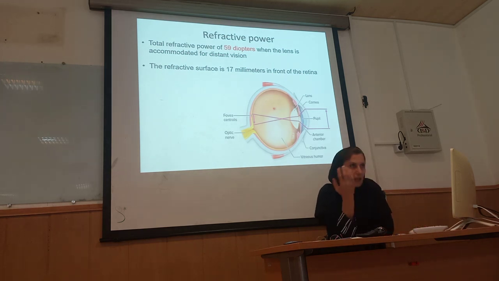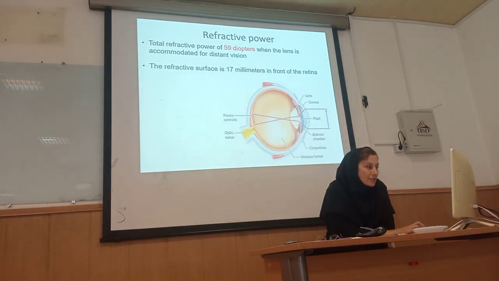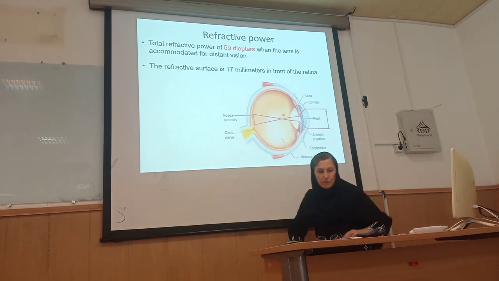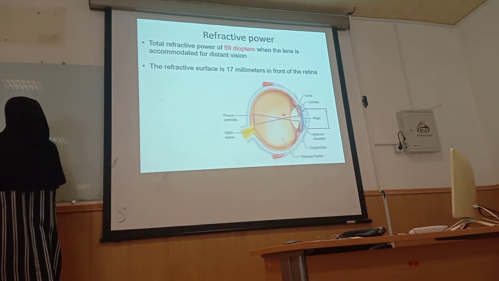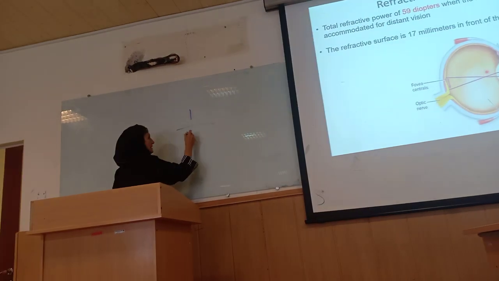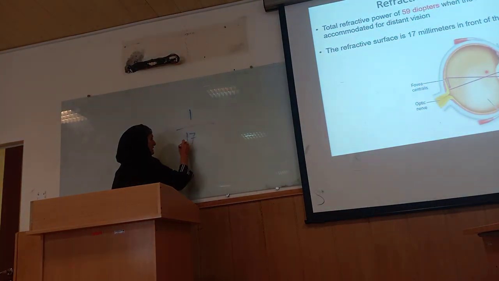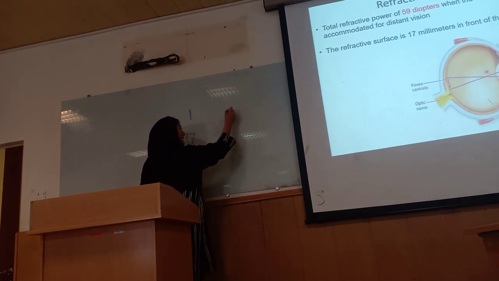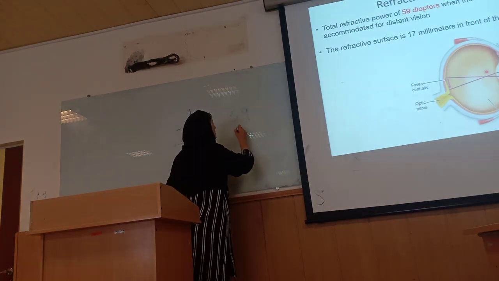This is the focal length that we have in a mirror, for example, in physics. So this is 70 millimeter. If we divide 1 by 70, in centimeters instead of millimeters, we have this. And the unit is diopter.